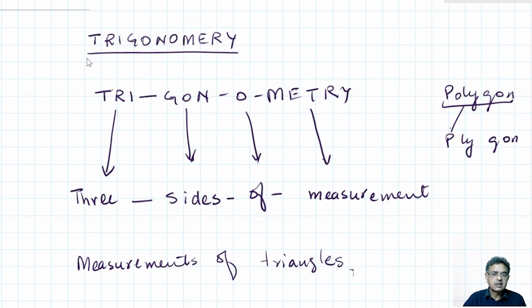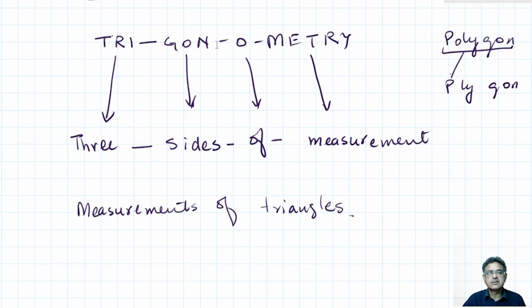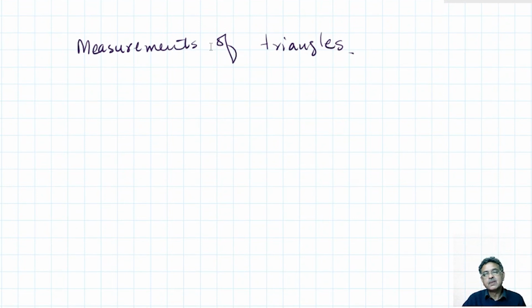So whenever you come across this word, the first thing that should come into your mind is that this is the measurement of triangles. Now, there are many types of triangles, like acute angle triangle and obtuse angle triangle, scalene triangle, right angle triangle, isosceles triangle, equilateral triangle.